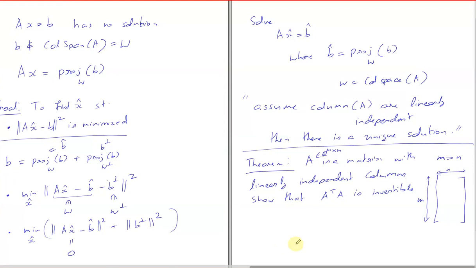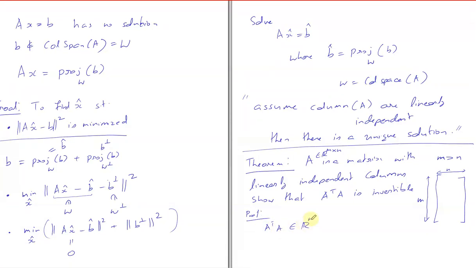If you take A transpose A, what is the dimension of A transpose A? n by n. So A transpose A belongs to R raised to n by n. And somehow A transpose A is invertible.